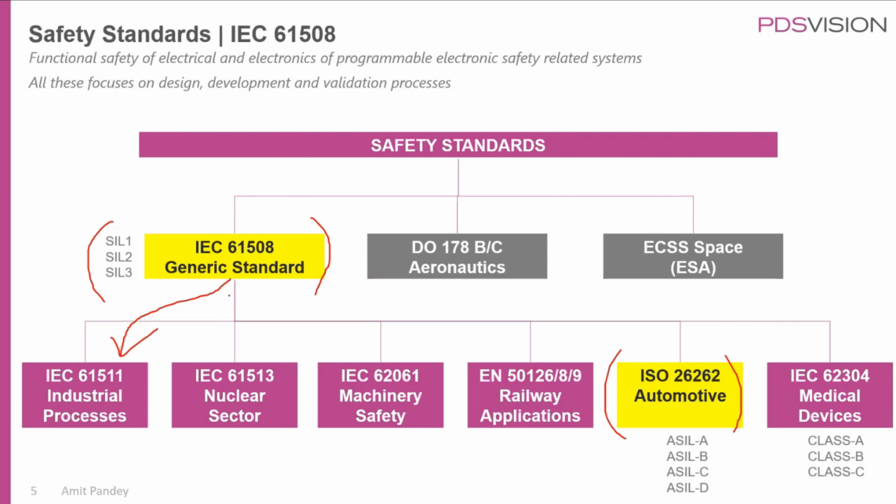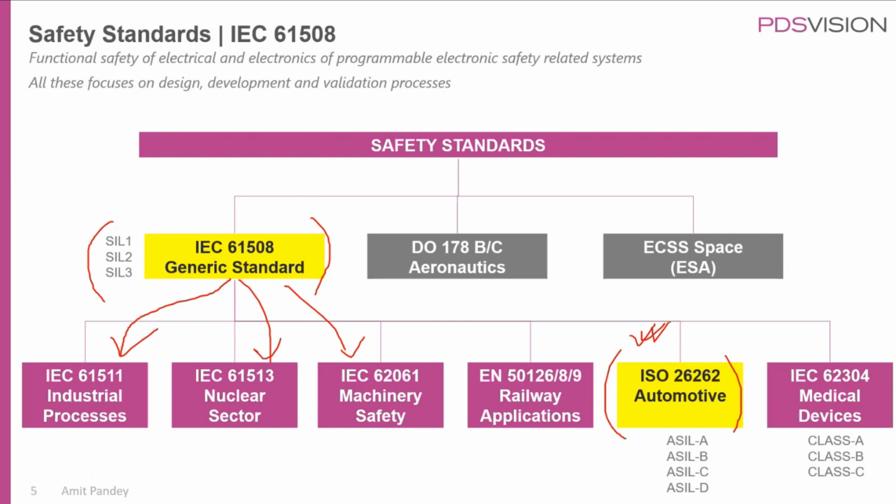One is for the process industry, the other is for nuclear, the other is for machinery, the railways, and medical devices and so on. And one of them is ISO 26262, which is primarily for automotive. ISO 26262 also addresses hazards which are caused by malfunctions of electrical and electronic related systems only, and not, for example, a fire or smoke or heat or any radiation.